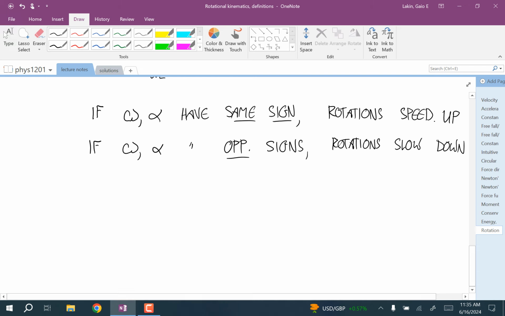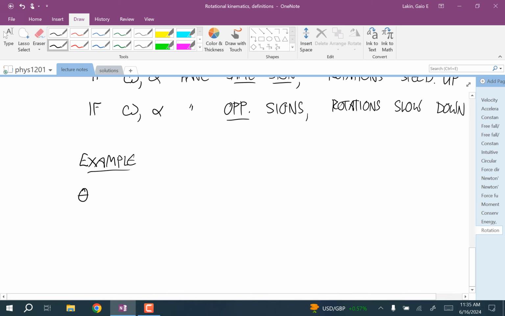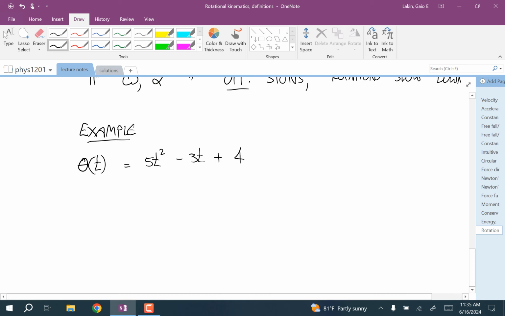Okay, so let's do a little calculation for this example problem. Let's think that we have the angular position as a function of time, and let's say that it's equal to 5t squared minus 3t plus 4. And we want to know 3 things. First, we want to know the angular velocity as a function of time.